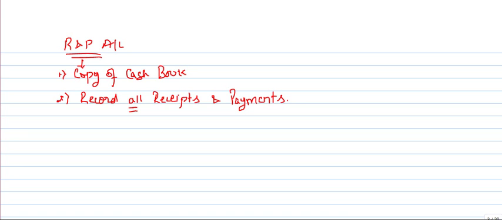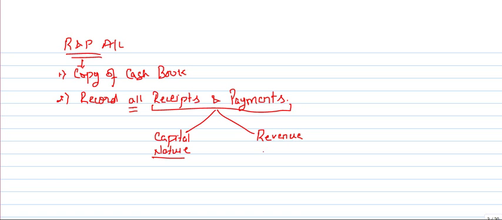Because these receipts and payments can be of two types. One is capital nature, right? And the other one is revenue nature, right? Now what is the capital nature and the revenue nature?